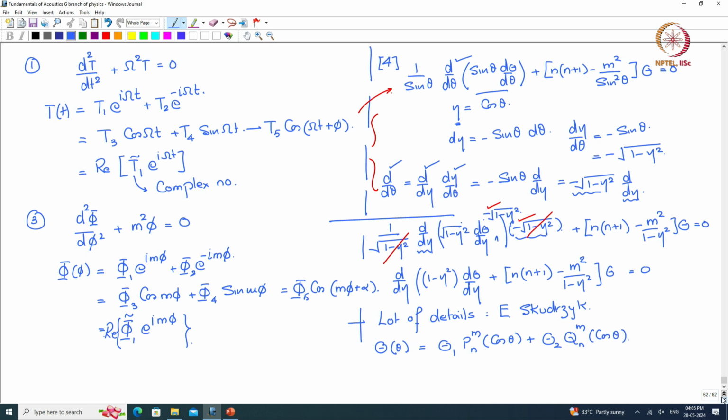Okay. So what are these two, P and Q? So P m n is the Legendre function of the first kind.